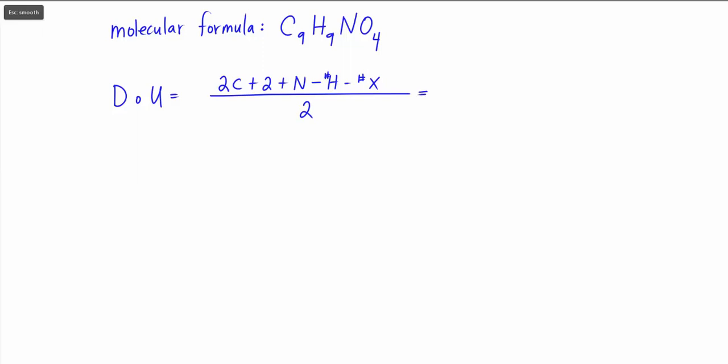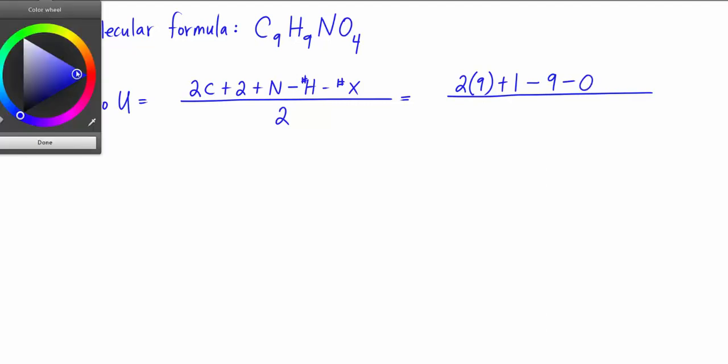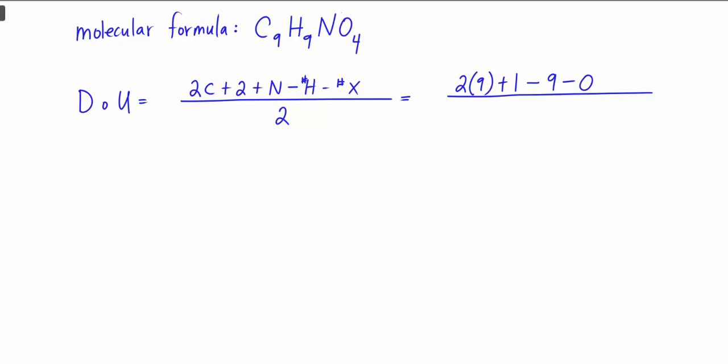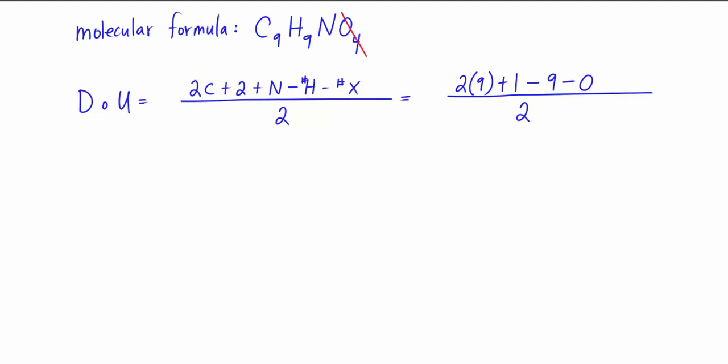So we have 2 times 9 plus 2, plus 1 nitrogen, minus 9 hydrogen, minus 0 halogen, and we want to disregard the oxygens altogether, okay?